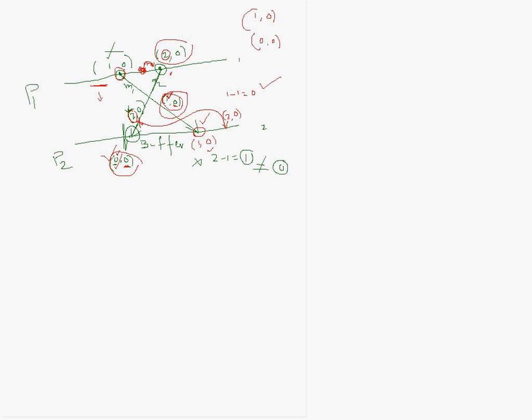So now we will do this 2 minus 1, that is 1, and you have already got a 1 here, right? So the first condition is satisfied, which was not happening earlier.